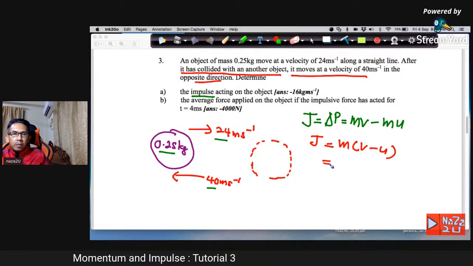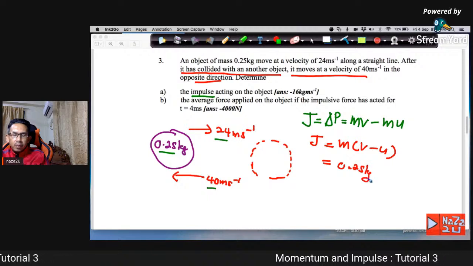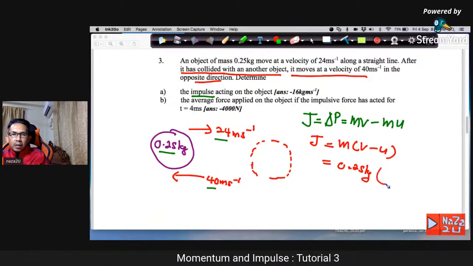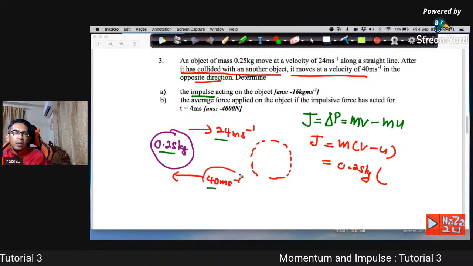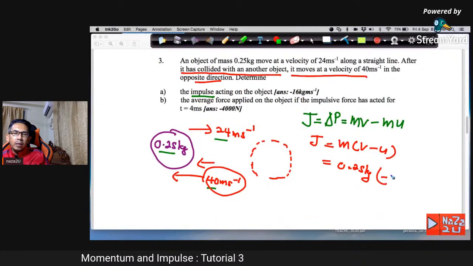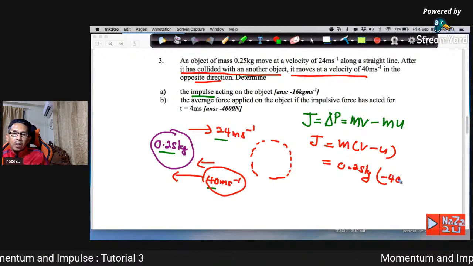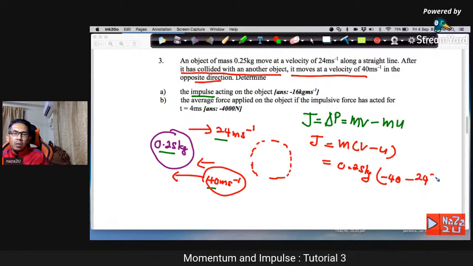So now we have the mass is 0.25 kilogram, right? And v here is the final velocity, 40 meter per second, but direction to the left. So you must use negative 40 here, right? Minus initial velocity, which is 24.